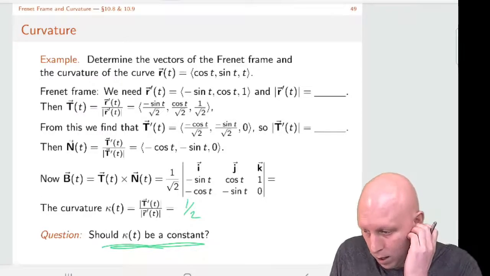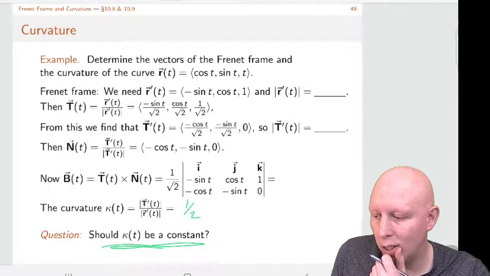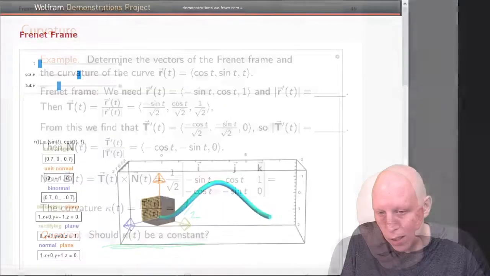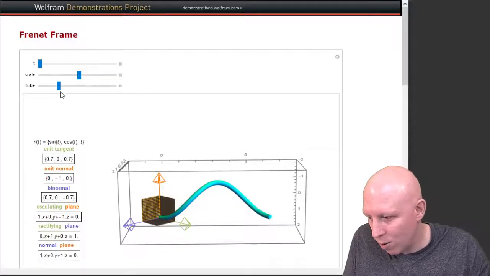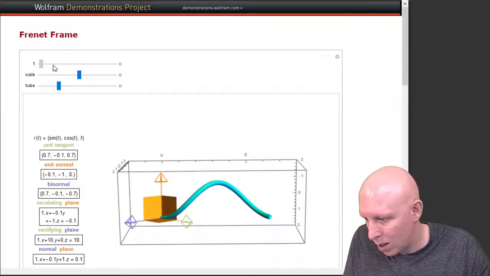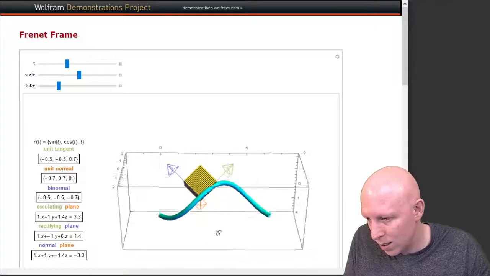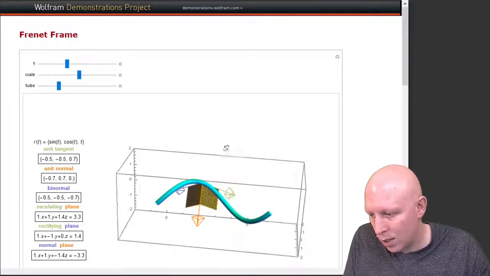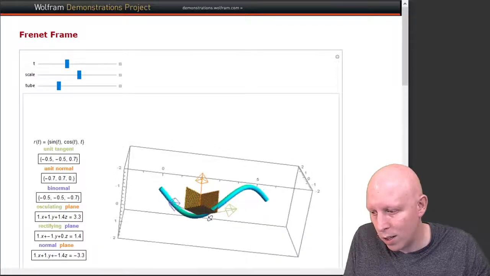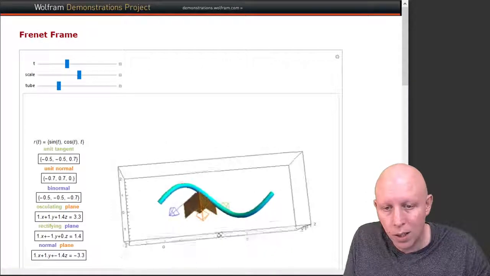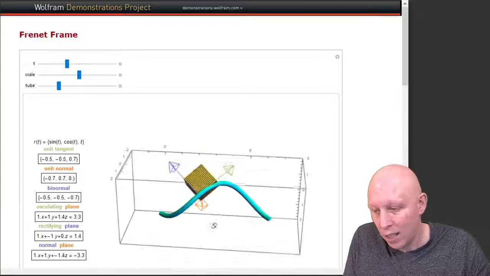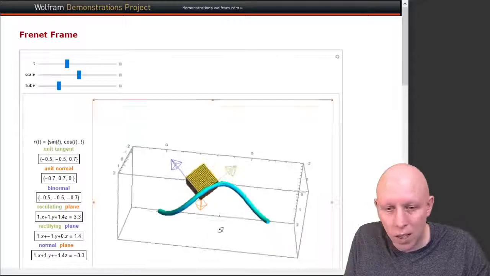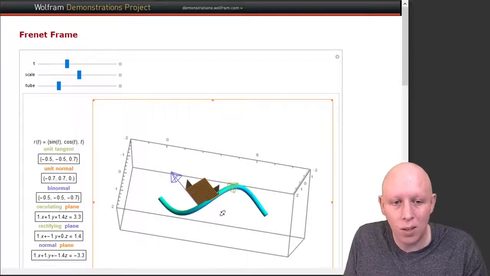And so would we expect that the curvature is a constant? Let's go back and think about our curve. If you think about this curve, it looks the same no matter where you are on the curve. So we would expect that a circle of the same radius would nest the same way the whole way along.